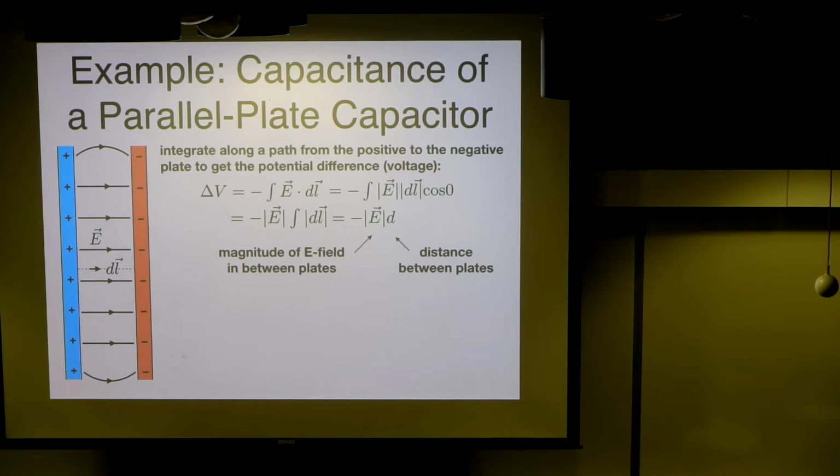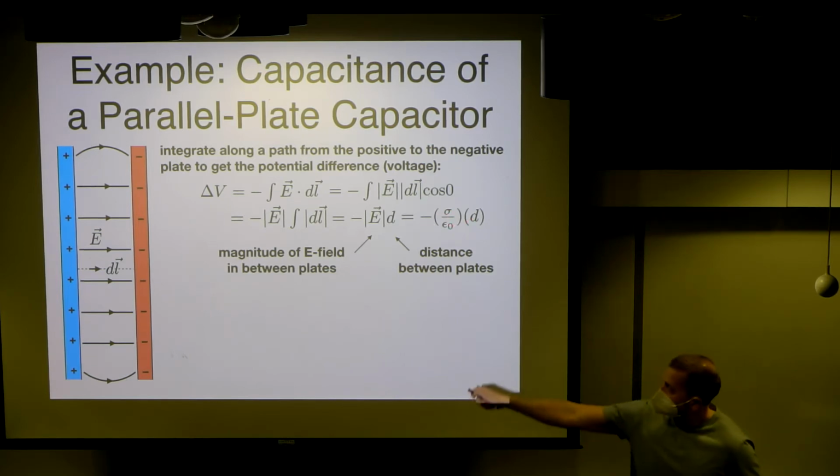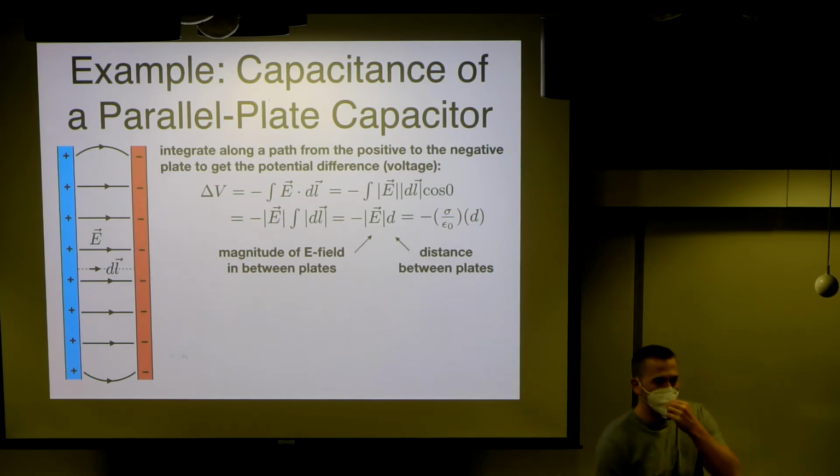We figured out what the magnitude of the E field between the plates is, haven't we? We just did that. So why don't I insert that expression for E right here? In place of E, we're going to write sigma over epsilon naught. So we have minus sigma over epsilon naught times d. That's the voltage between the two plates.